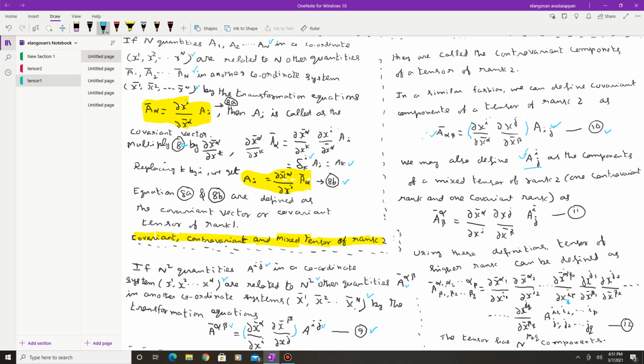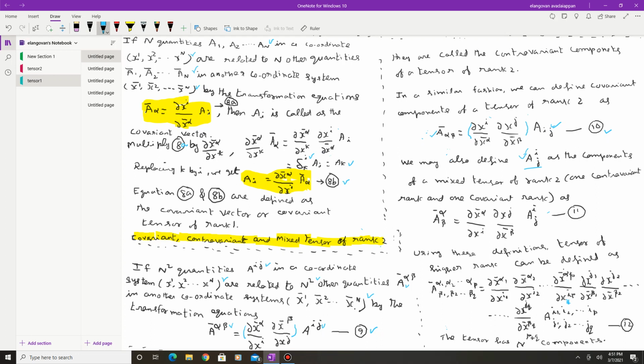One index is present in the superscript, so it is contravariant of rank 1. One index is in the subscript, so it is covariant of rank 1. The total rank is 2, 1 plus 1. This is defined by A alpha beta bar, where alpha is in the superscript and beta is in the subscript.